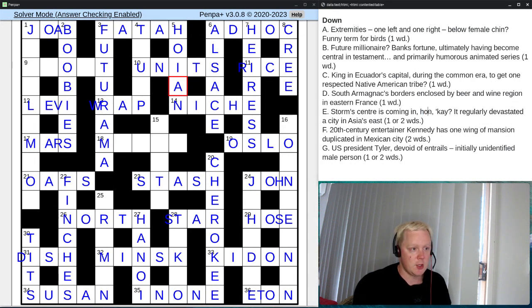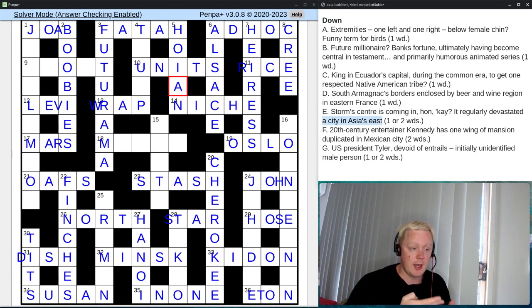So take this H, N, A, I, anagram them, put an O inside, you get Hoi An. Now this clue actually has 2 more solutions, and they both work exactly the same as these 2. So all of those 4 solutions are going to have a city in Asia's east as the definition.